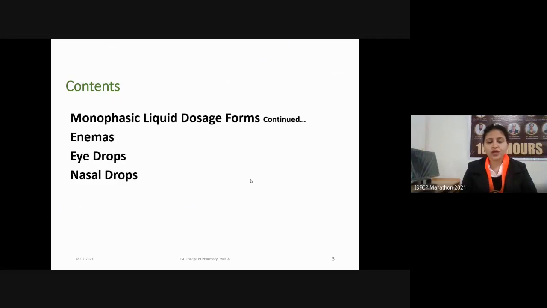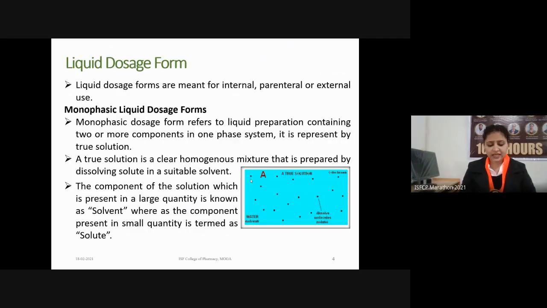We are going to discuss each of these monophasic liquid dosage forms individually in our upcoming slides. First, before discussing each of these monophasic liquid dosage forms, we should understand what a monophasic liquid dosage form means.